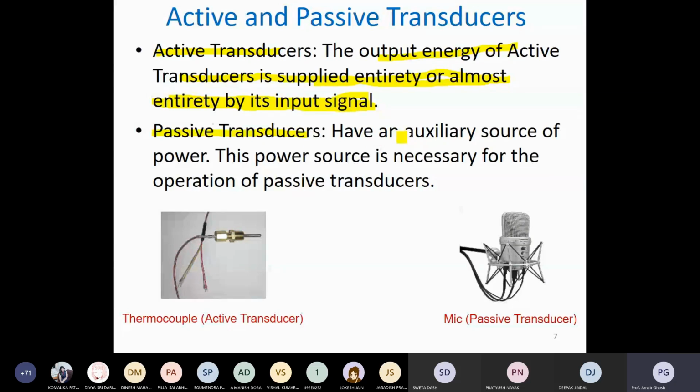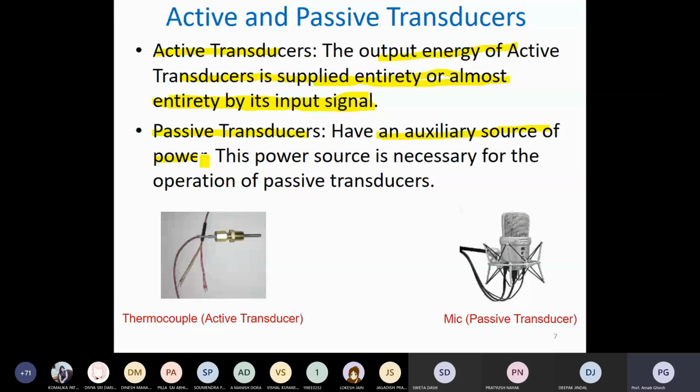Passive transducers have an auxiliary source of power. So for a passive transducer you require one auxiliary source of power. Active transducers have inherent energy boost up capability that is sufficient to drive the transducer.